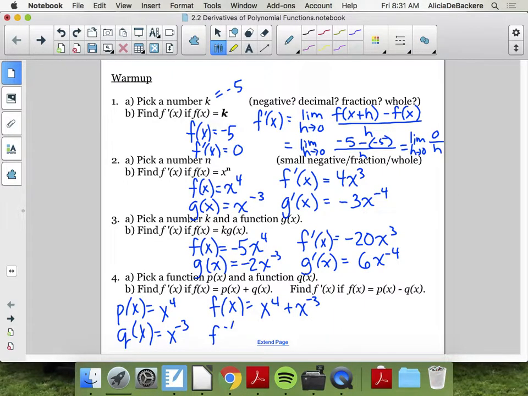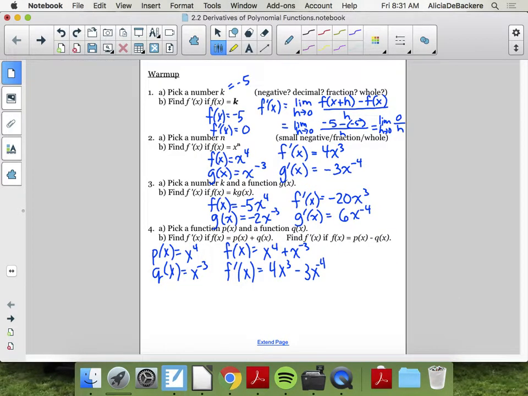And again, I'll take the derivative using my limits, but what you should come out with is 4x cubed minus 3x to the -4. And then similarly, if I did the g at x as the subtraction, then when I take the derivative, my result should be 4x cubed plus 3x to the -4.